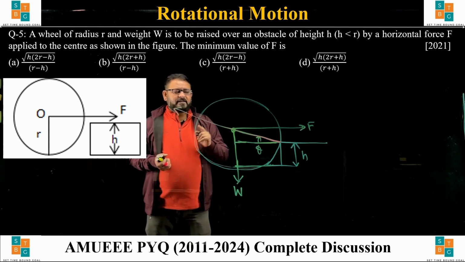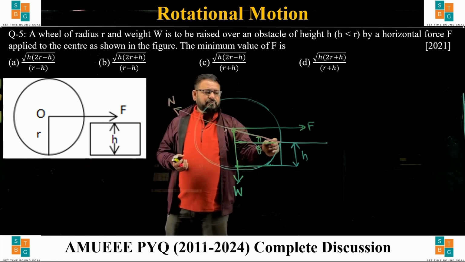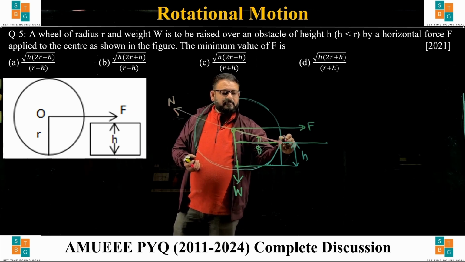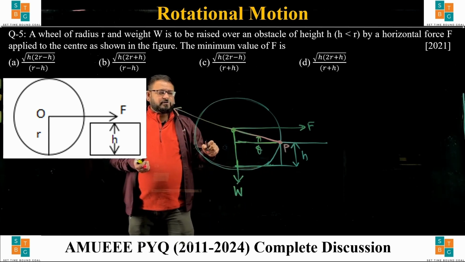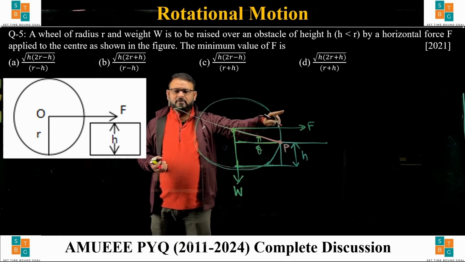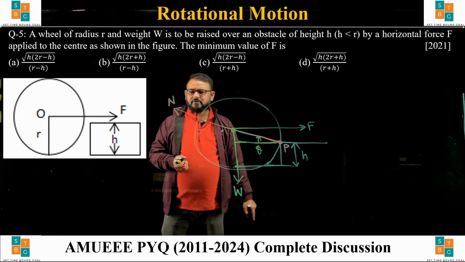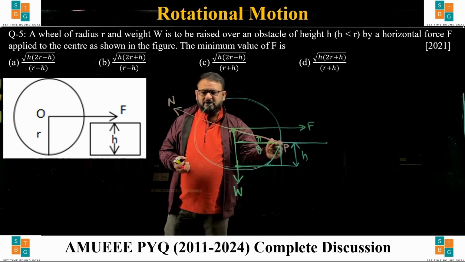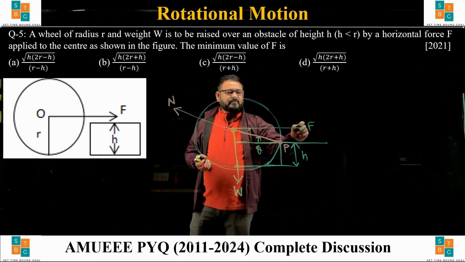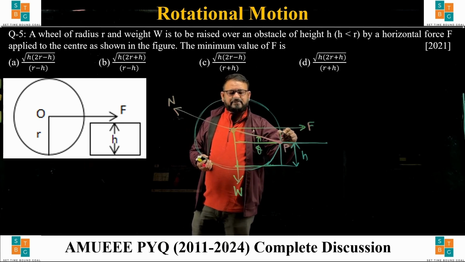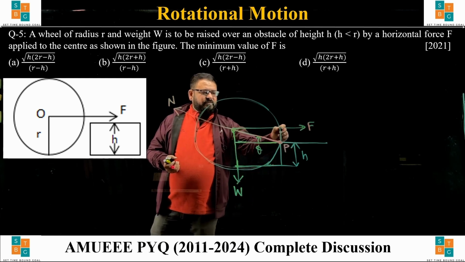Where is the torque balance going to happen? It is going to happen at this point, which I would call P. P is the point over which this is going to undergo rotation. So this is the axis of rotation at P. So you have to simply take force F times this distance.